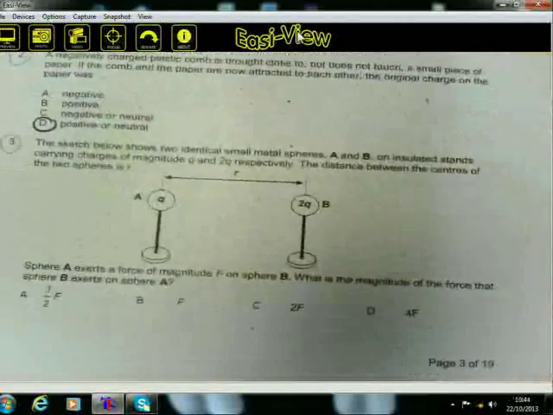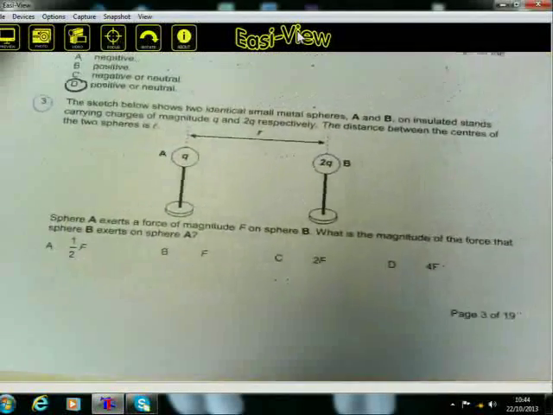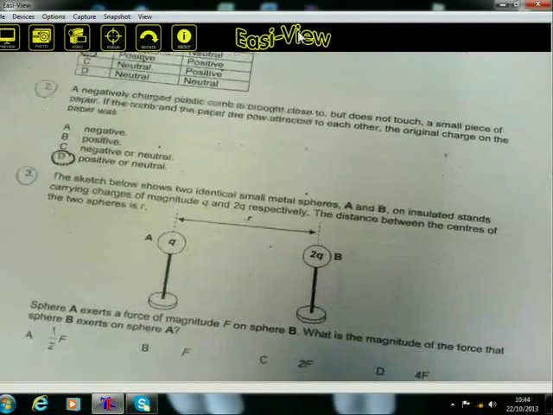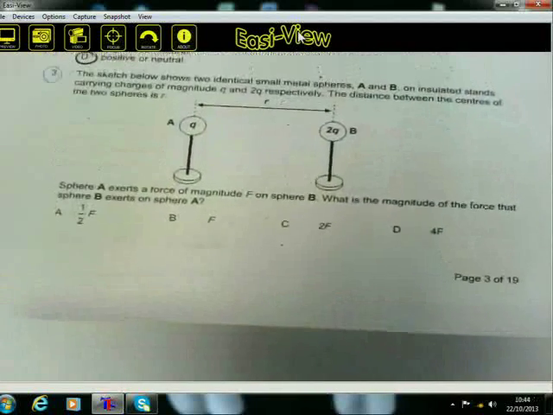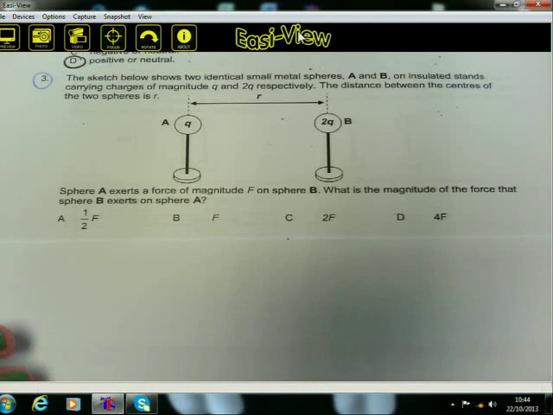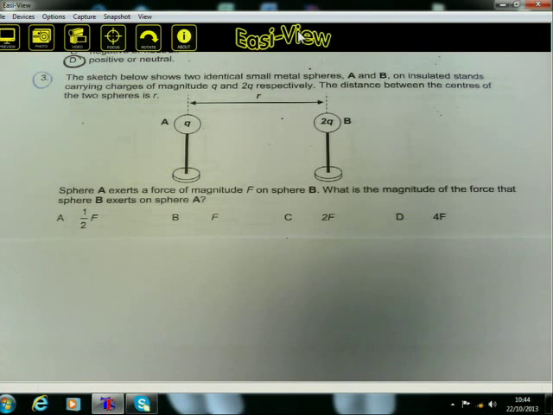Number 3 is a very, very important question, because you see it in every matric exam. If you've worked out past papers, you should have seen this one already.